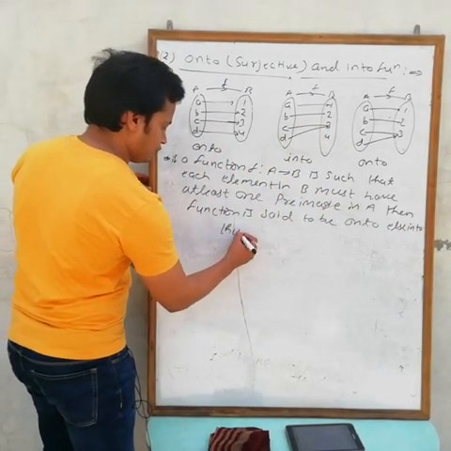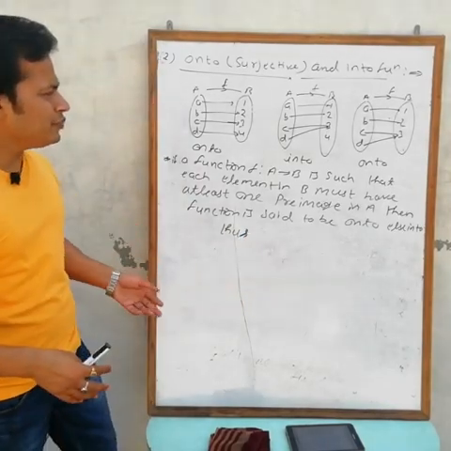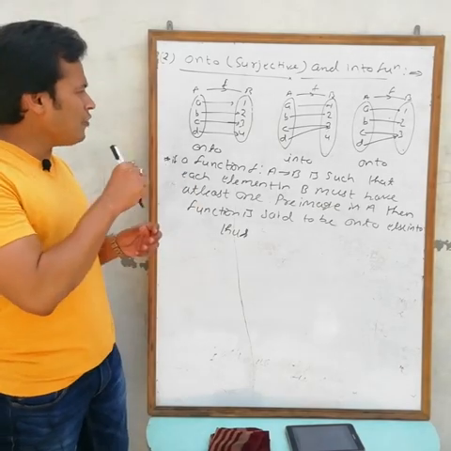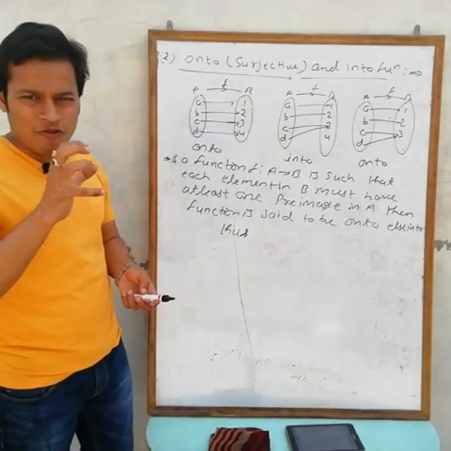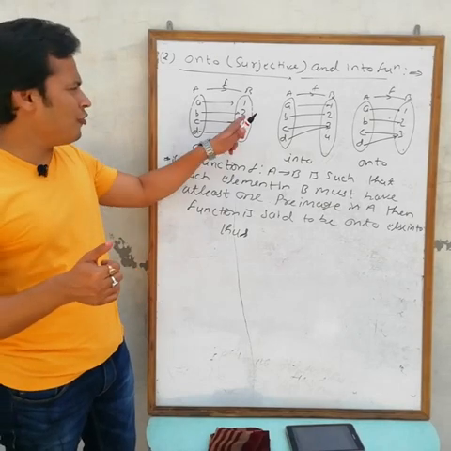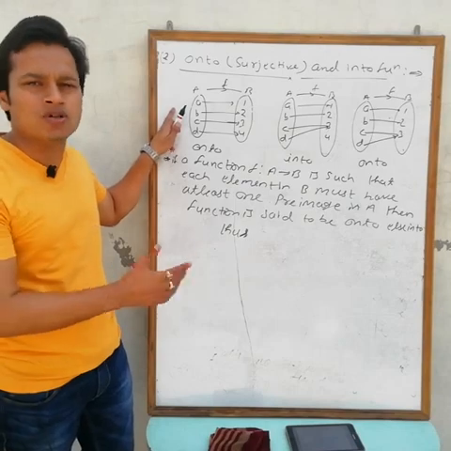And also, in other words, if you take any value of y from B, for all values of y from B, if there is an x in A, then you can say that this one is onto.